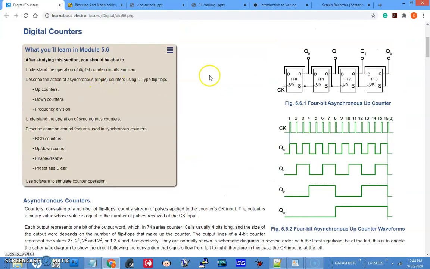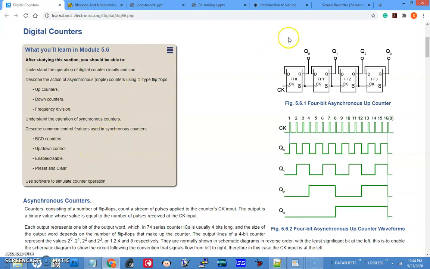That's about counters, and we also have BCD counters and up-down counters. A counter can be configured with enable and disable, and you can have preset and clear. Preset means rather than starting at the all-0 value, you can start from a preset value in the counter. That is also possible.